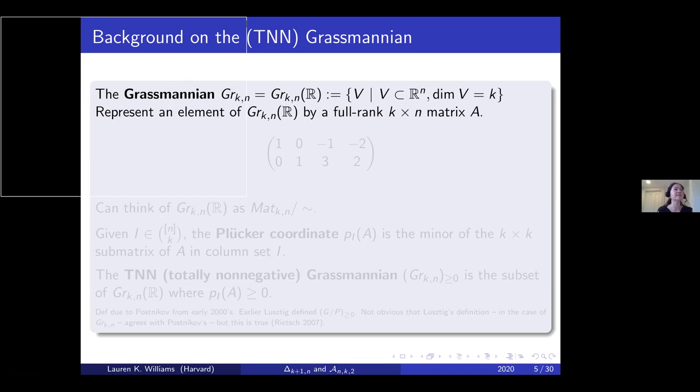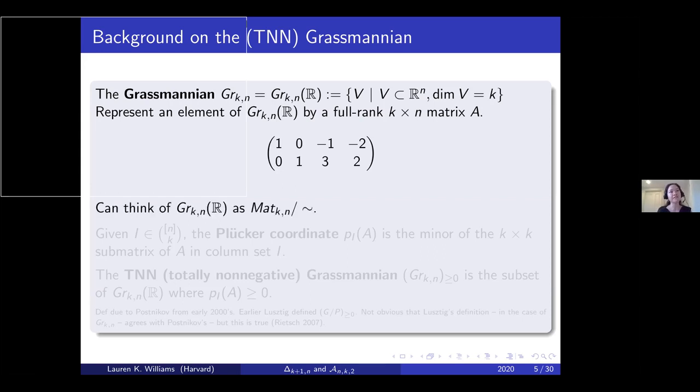Okay, so the Grassmannian, Gr(k,n), is the space of k-dimensional subspaces in an n-dimensional real vector space, and I like to represent elements by full-rank k by n matrices. So the span of the k rows together gives our k-dimensional subspace.